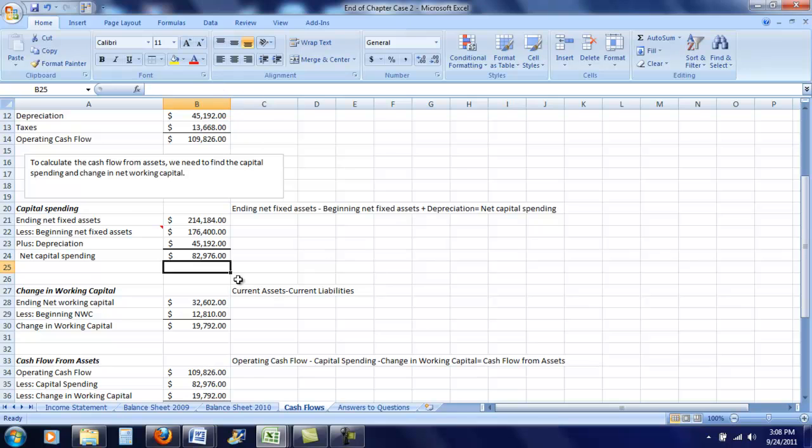Now remember, the change in working capital is calculated by current assets minus current liabilities. That's net working capital. So our ending net working capital would be 2010 current assets minus current liabilities. Our beginning would have been current assets minus current liabilities for 2009.